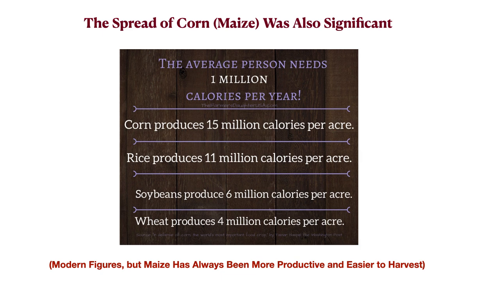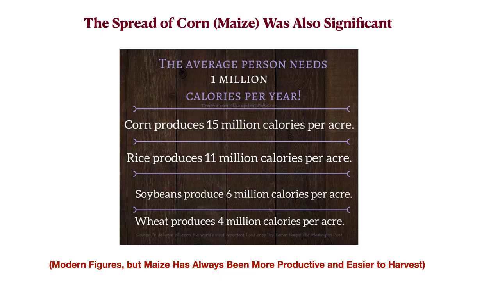But we can see here wheat producing 4 million calories an acre and corn up to 15 million. And that corn can't be grown everywhere. Ireland's too cold and wet, essentially, for corn as a grain crop. But central France, northern Italy, Spain, Balkans, many areas of Europe, corn became the major staple grain.